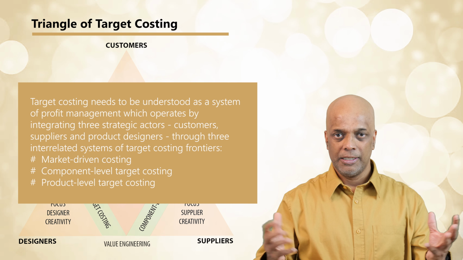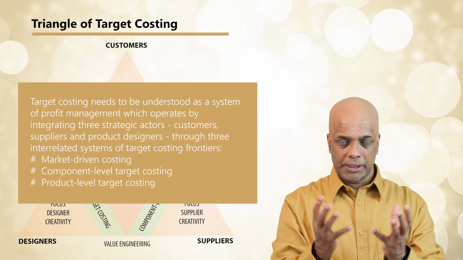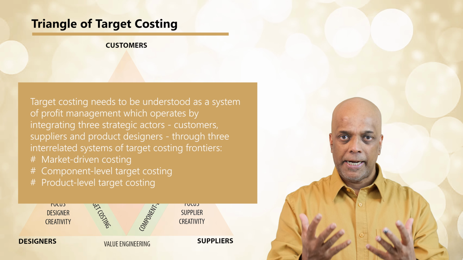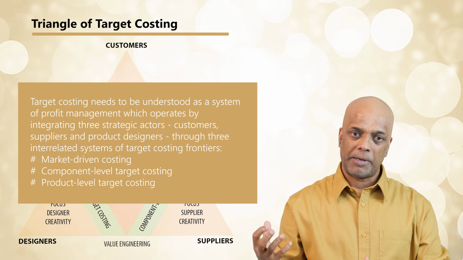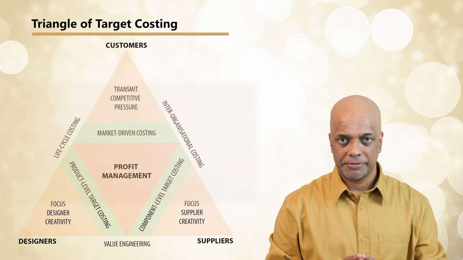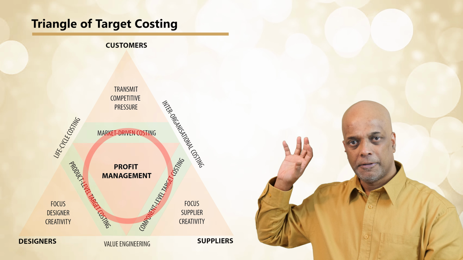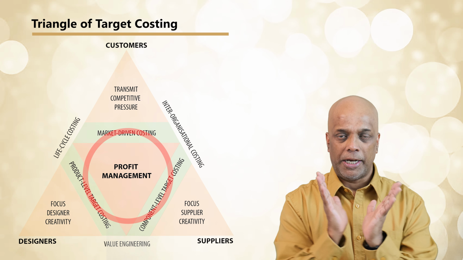In other words, target costing is a broad profit management system that operates by integrating the customers, suppliers, and product designers. And at the center of this target costing triangle, therefore, we have profit management.